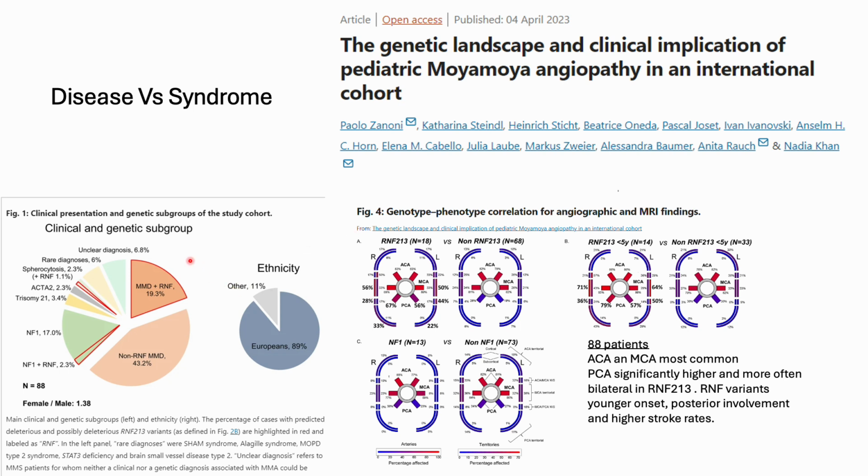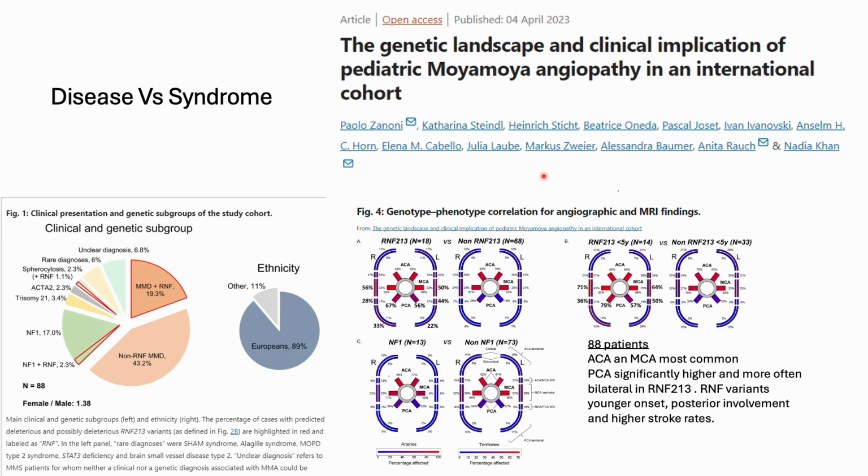So they found that 19% of the population had the RNF213 susceptibility gene. They found that 43% of their population were non-RNF Moyamoya disease, and the rest, or as we know them, Moyamoya syndrome, were caused by things such as NF1, trisomy 21, spherocytosis, and other rare diagnoses.